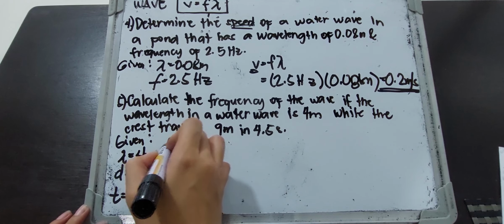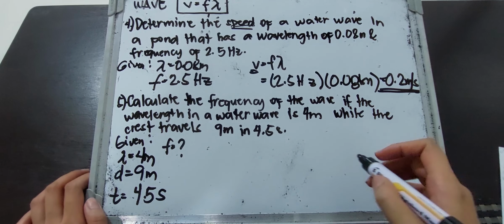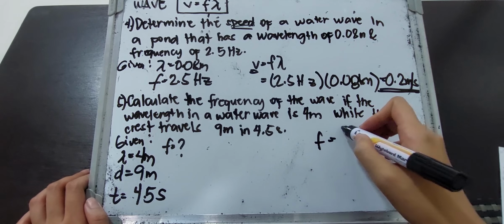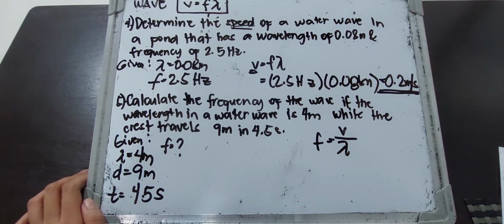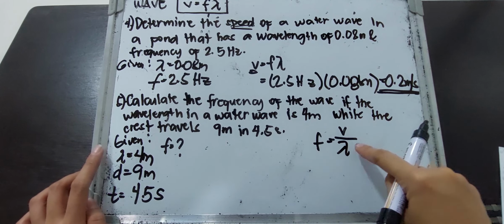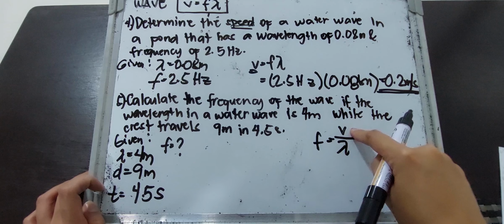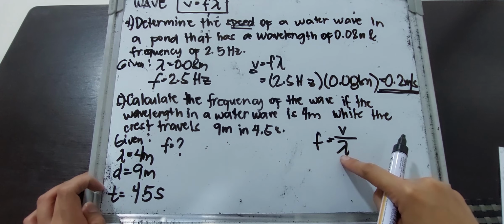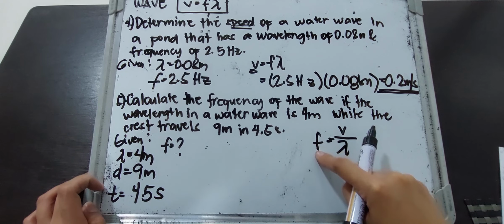We are going to look for frequency. And our formula nga to get the frequency is speed divided by the wavelength. We have the value of the wavelength, but we do not have the value of speed. E di ma'am, F times lambda or F times wavelength, hindi pa pwede kasi wala pa nga tayong frequency.